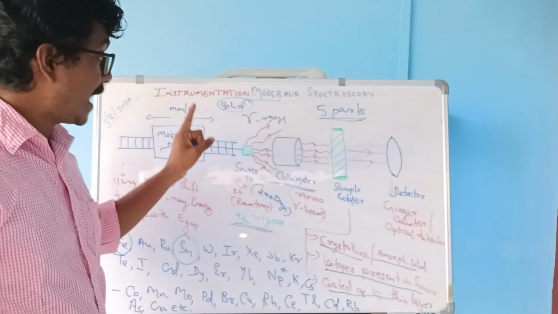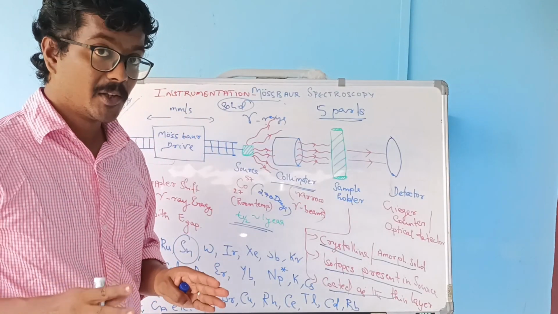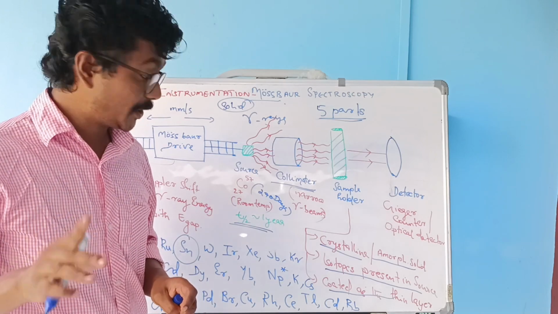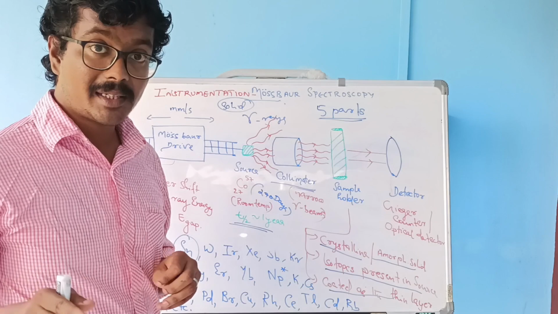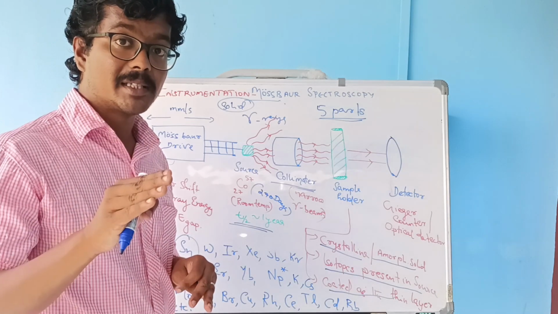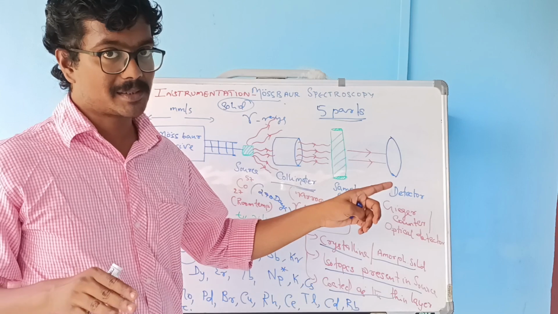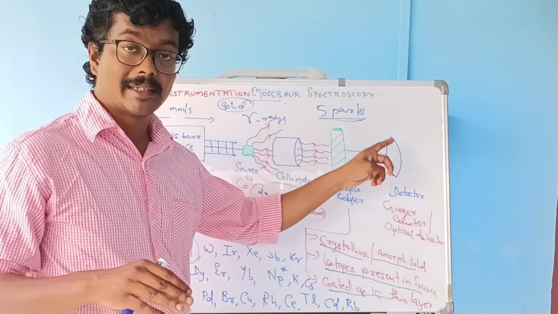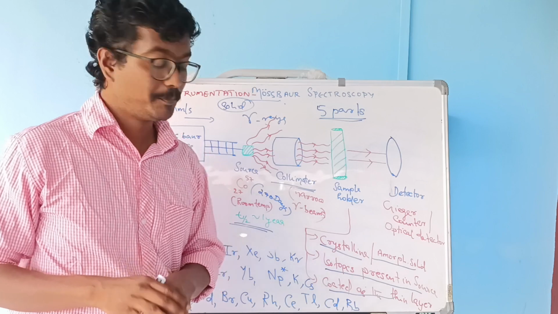Both the sample and the source must be solid, crystalline or amorphous in nature, not gaseous or non-viscous liquids. The sample must contain an abundant isotope, and the same isotope will be present in the source also, so that we will get a proper spectrum. And finally, the detector, which is usually a scintillation detector or Geiger counter.